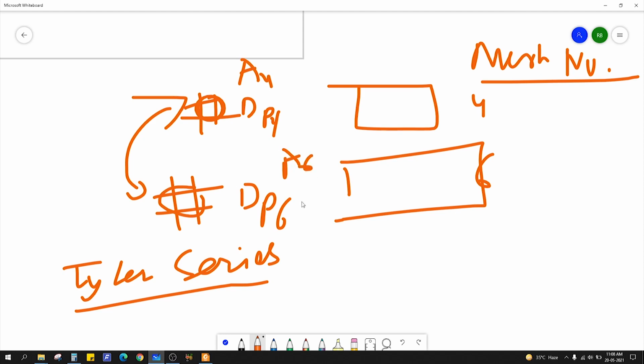What is the relationship between these two areas? For the standard Tyler series, mesh number 4 is the larger one, the opening is large compared to this, which is smaller. So the A6 opening area is less than the area of mesh 4, right?